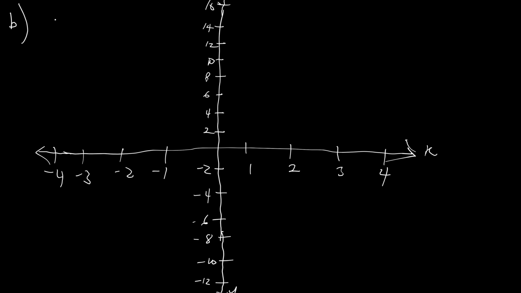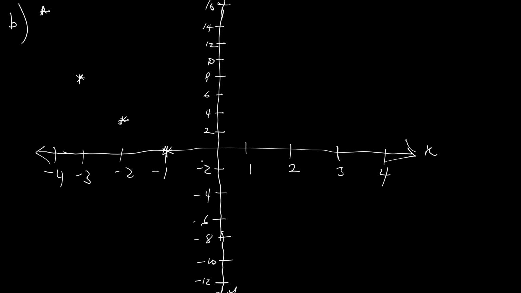So -4, 15 will be somewhere here. When x is -3, y is 8. So -3, 8 will be somewhere here. When x is equal to -2, our y is equal to 3. So -2, 3 will be here. When x is equal to -1, y is equal to 0. So we have -1, 0 here.